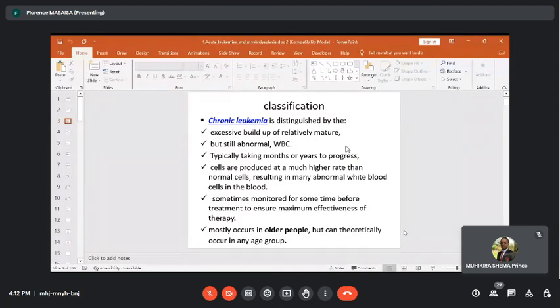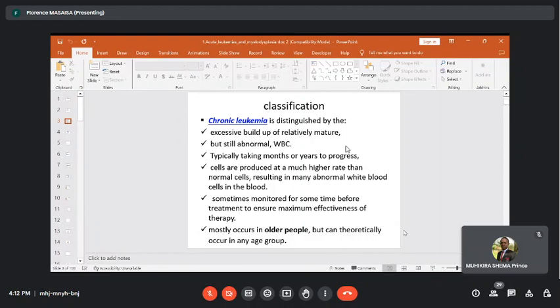It mostly occurs in older age, but it can also occur in any age group. So comparing the acute and the chronic, in the chronic one the cells are maturing, but they are produced in high number, and there is also prolongation of the lifespan. There is an issue with apoptosis.